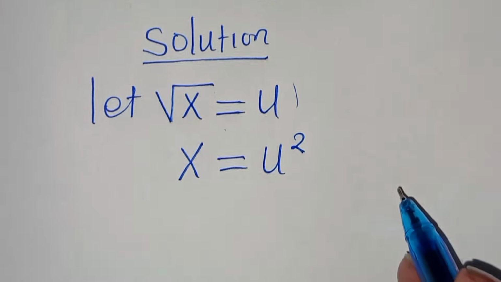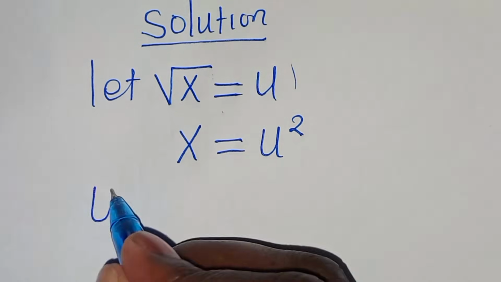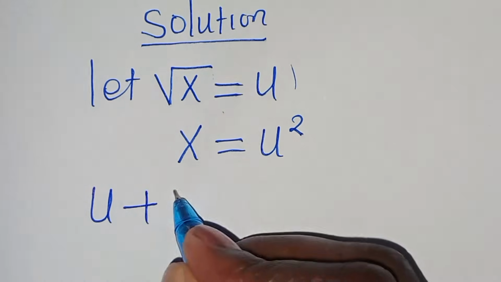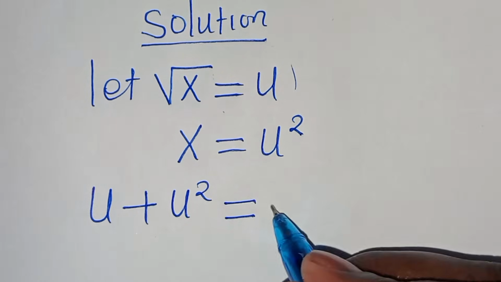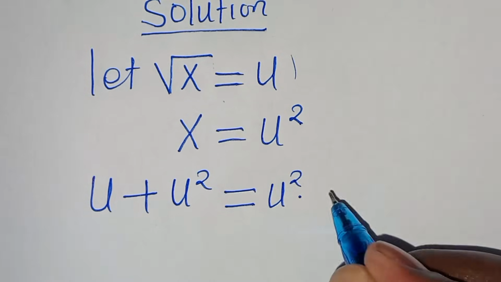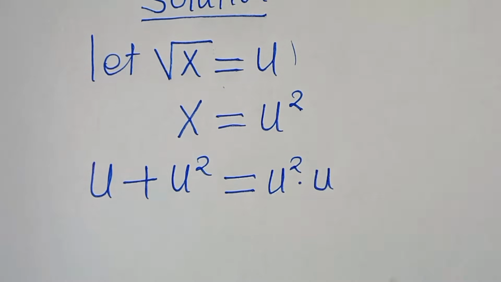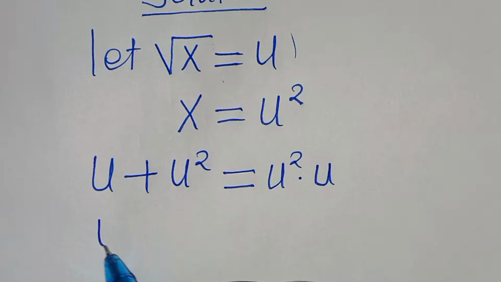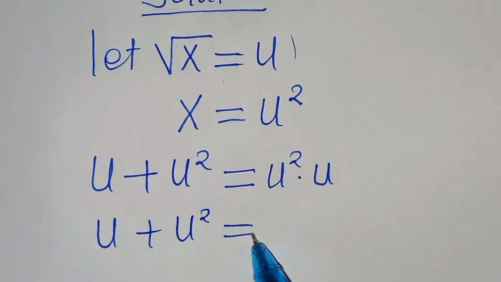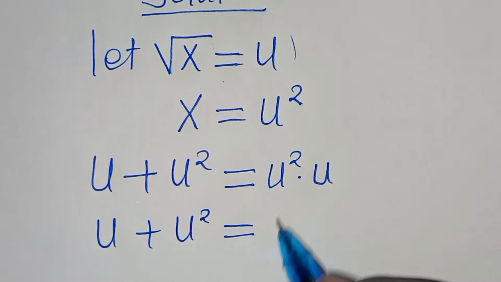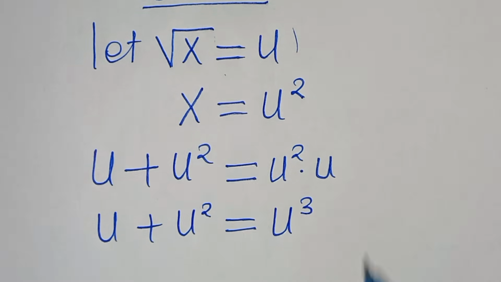Now we have the square root of x, which is u, plus x, which is u to the power of 2, and this is equal to x, which is u to the power of 2, times the square root of x, which is u. So this is u plus u to the power of 2 equal to u squared times u, which is u to the power of 3.